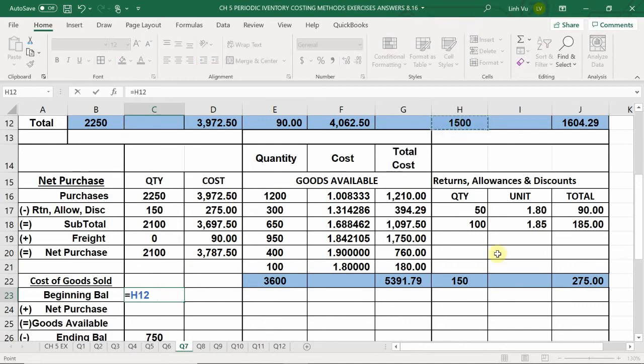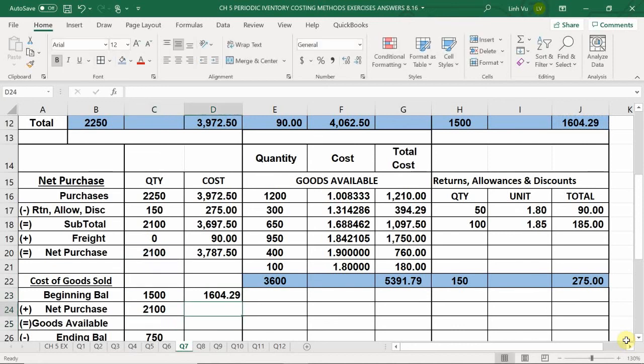We have beginning inventory, right? We started out with 1,500 units at a total cost of 1604.29, right, from our previous worksheet. We're going to carry our net purchases down.